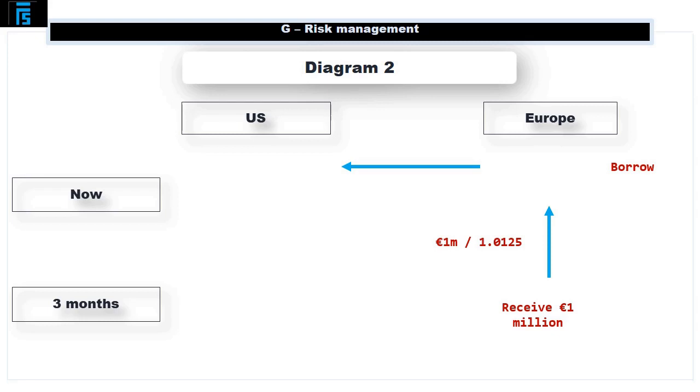So this means we need to borrow 1 million euros divided by 1.0125 is 987,654 euros. This will then grow into a 1 million euro liability that we can pay off with the 1 million euro receipt from our customer in 3 months' time.